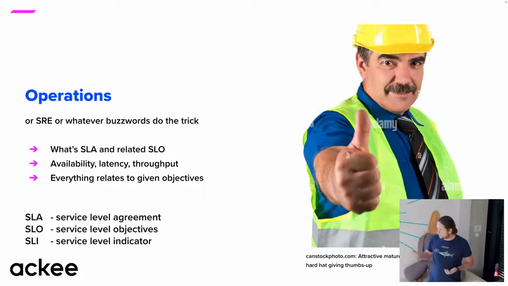Then we have objectives. They usually say what should be the threshold in some given period of time. So let's say the availability in a month should be 99.99%, which is kind of an average thing to ask. And then there is an agreement.